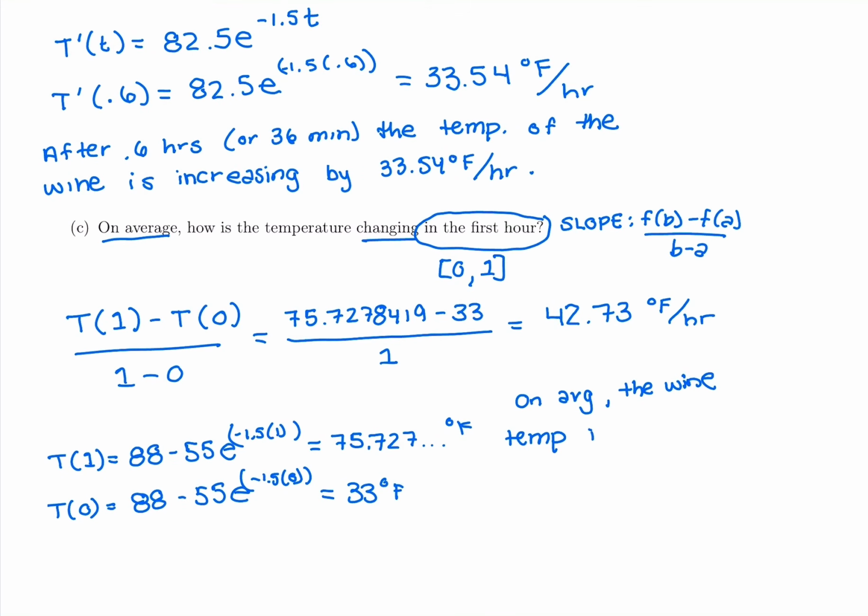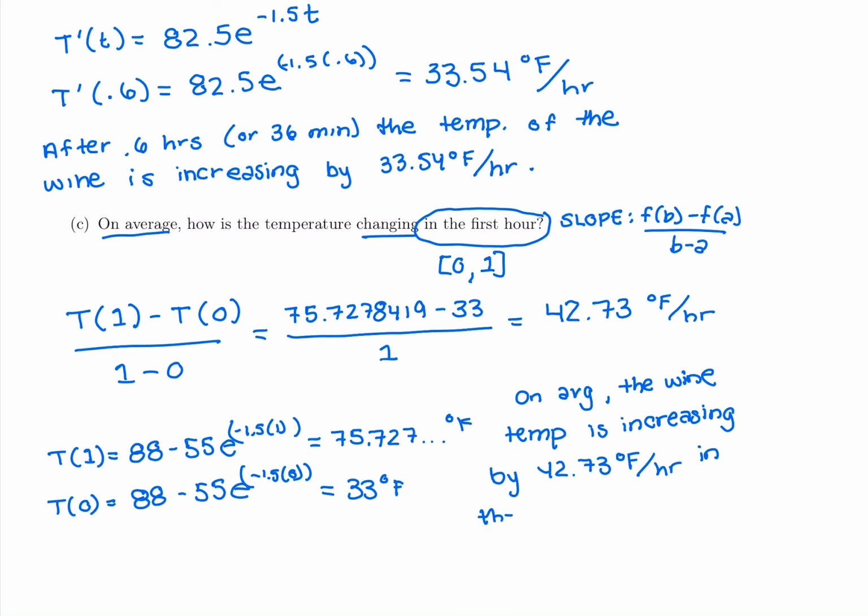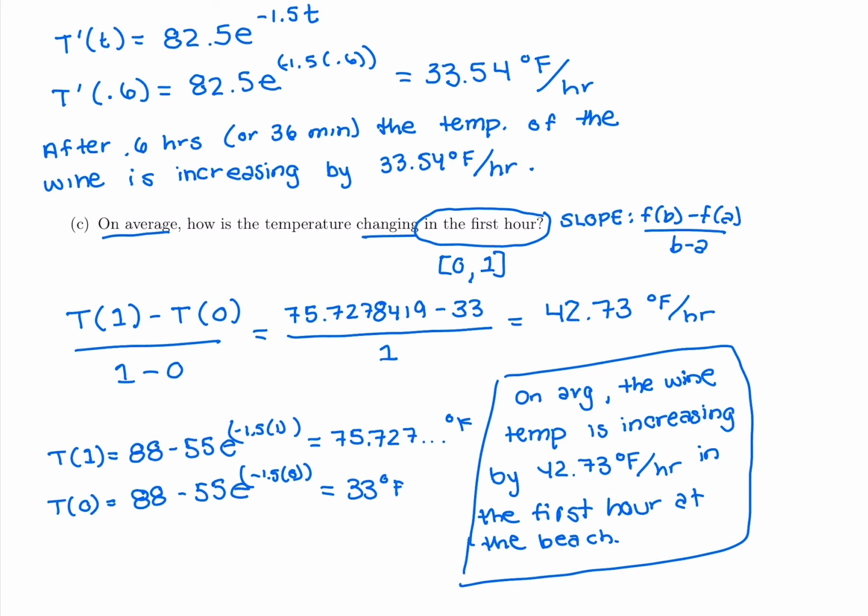The wine temp is increasing by 42.73 degrees per hour in the first hour at the beach. On average, the wine temp is increasing by 42.73 degrees per hour in the first hour at the beach.